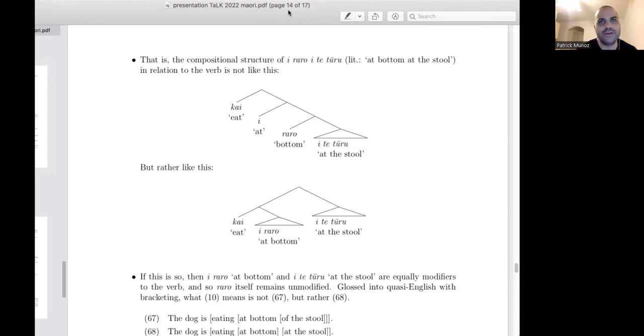What you do get is, so Maori does have variable-like expressions that receive personal marking. But that happens because they're pronouns. So for example, one strategy of relativization in Maori involves resumptive pronouns. And the resumptive pronouns, if read as variables, do get personal marking.